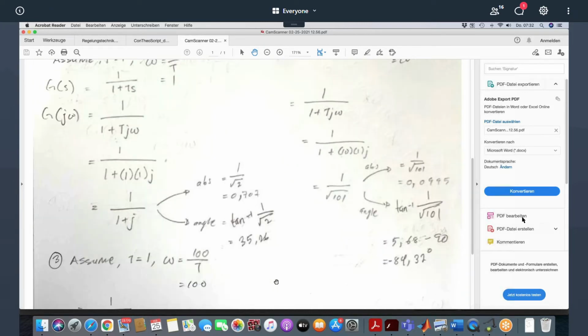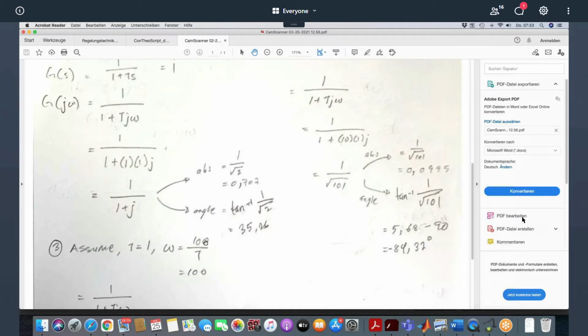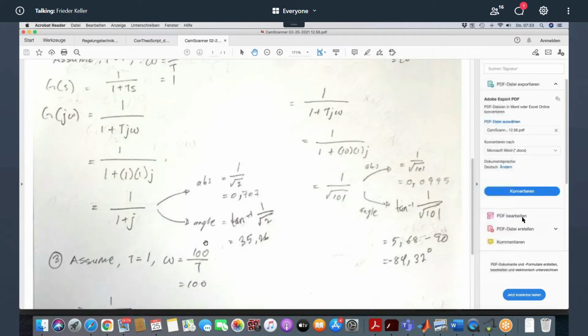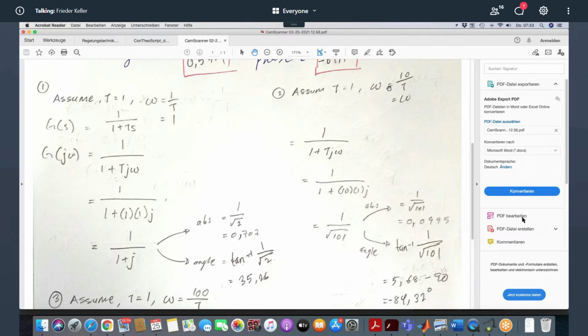And then 100 over T. Yes, and I think that's now getting correct here. I think this one is belonging to omega is equal to 10 divided by T. Then this is correct.